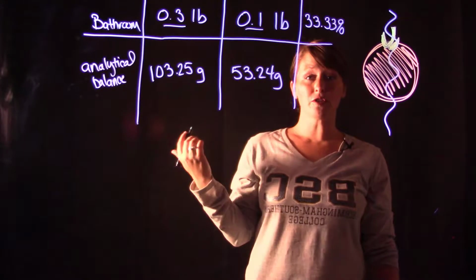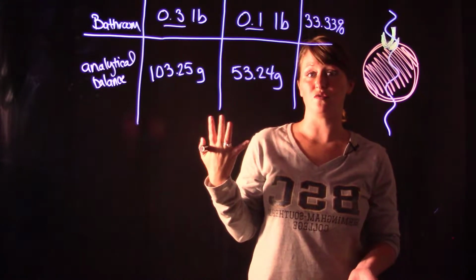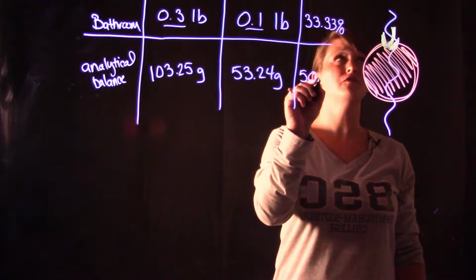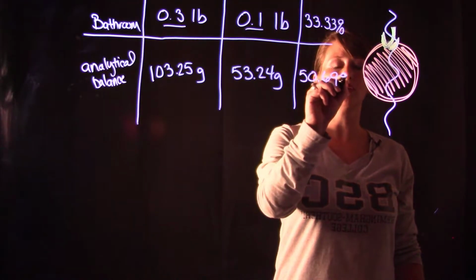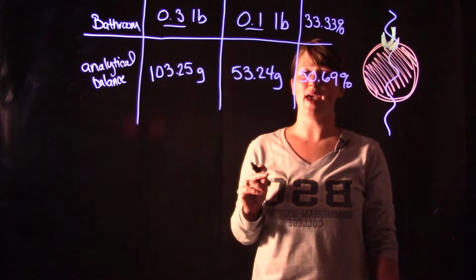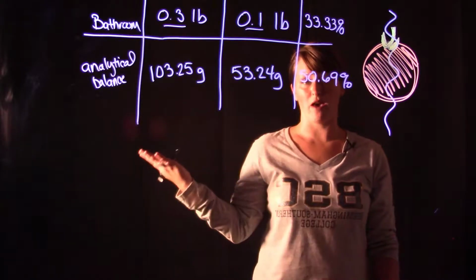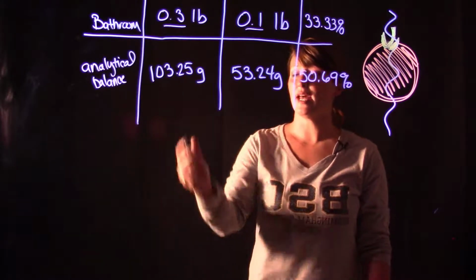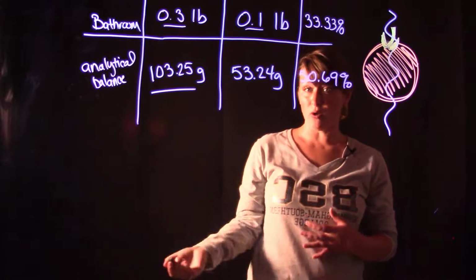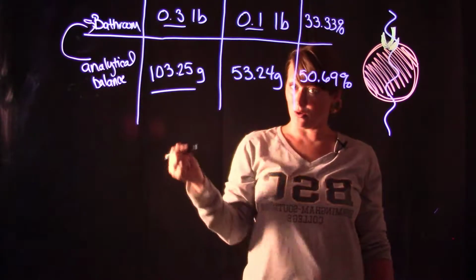Again, now I have 4 sig figs. When I compare 53.24 to 103.25, in order to get a percentage, I calculate that I have 50.69% of the apple. That's much closer to one half of the apple as determined by the analytical balance than was the bathroom scale. The difference here is that I had much more confidence, or more significant figures, in my values using the analytical balance compared to the bathroom scale.